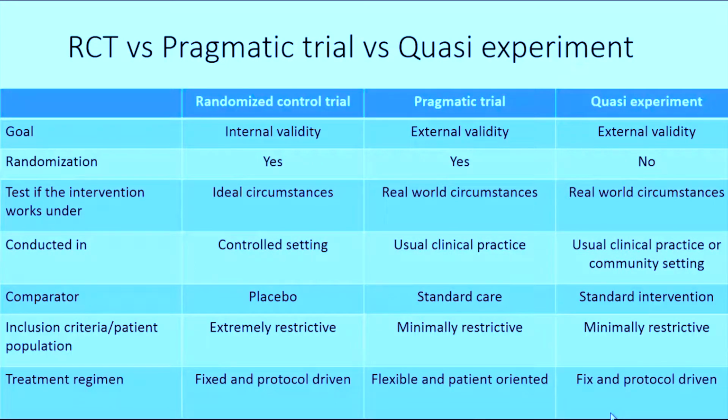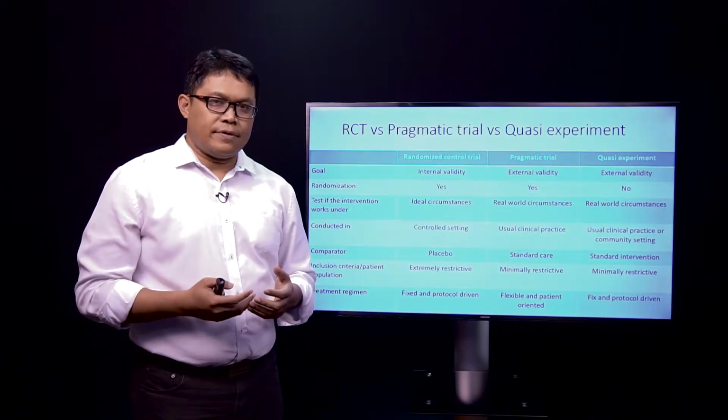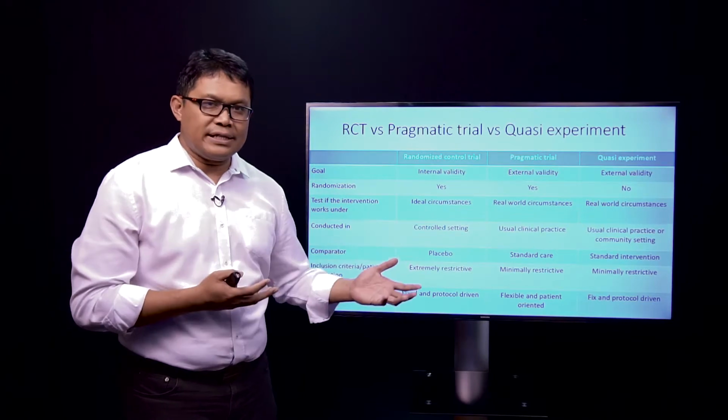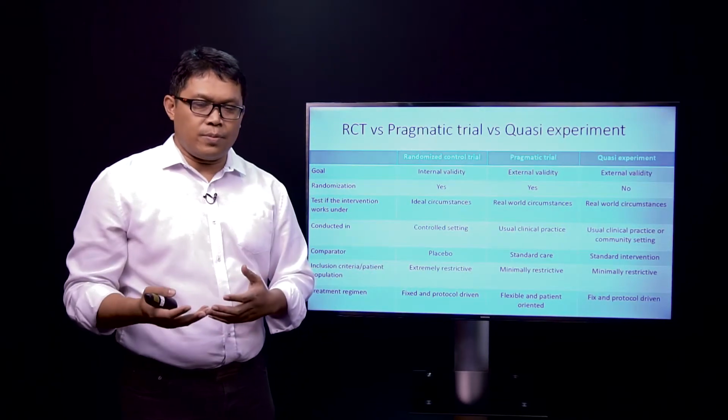And because we want to have ideal circumstances, in RCT, for example, we try to select participants using extremely restrictive criteria, while in pragmatic trial and also quasi-experiment, we try to minimize those criteria. In RCTs, for example, we use a placebo as a control group.